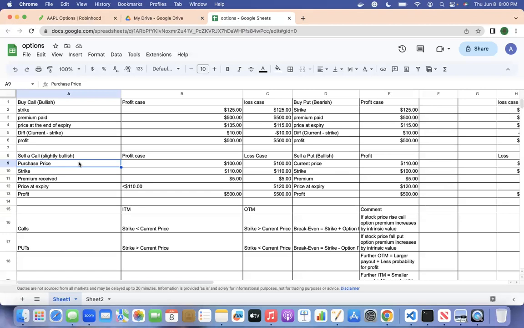So you are making $1,000 there also by selling that stock at 110, which you purchased for 100. So 110 minus 100 is 10, 10 times 100 is 1,000, plus the 500 premium that you received, you made $1,500 profit, right?